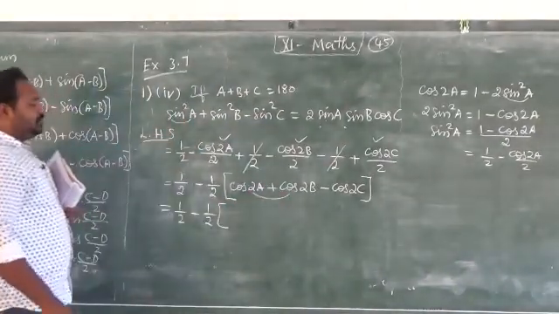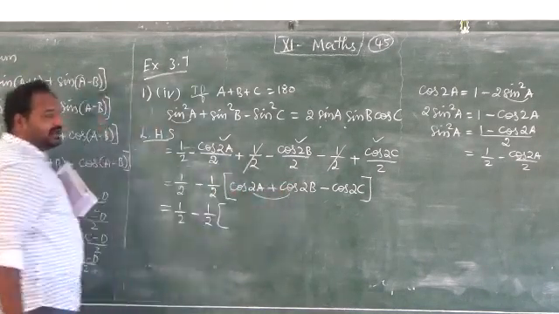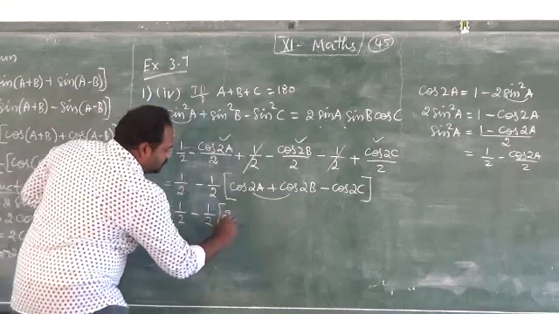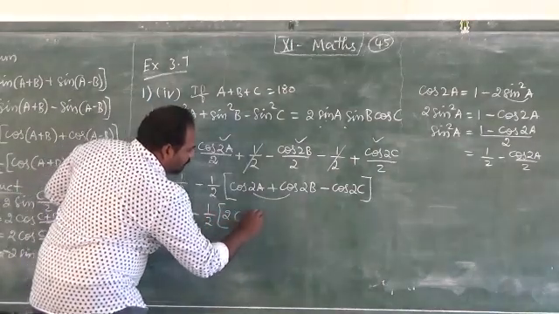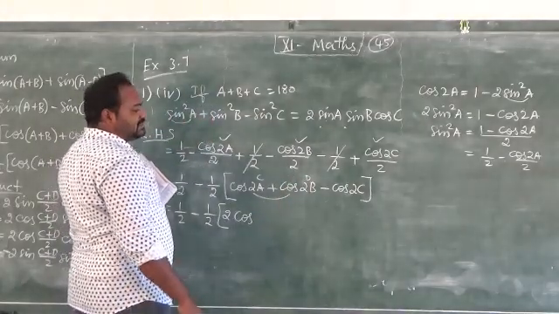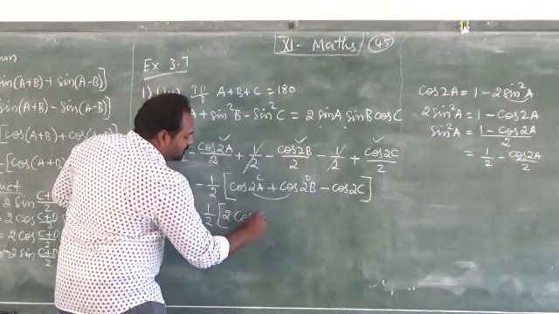Here I am going to use the sum to product formula, cos C plus cos D. The cos C plus cos D formula is 2 cos of C plus D by 2 into cos of C minus D by 2. So 2 into cos, here this is C, this is D. C plus D by 2, that is 2A plus 2B by 2.